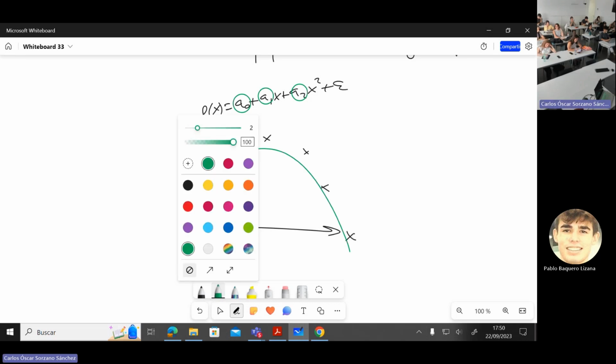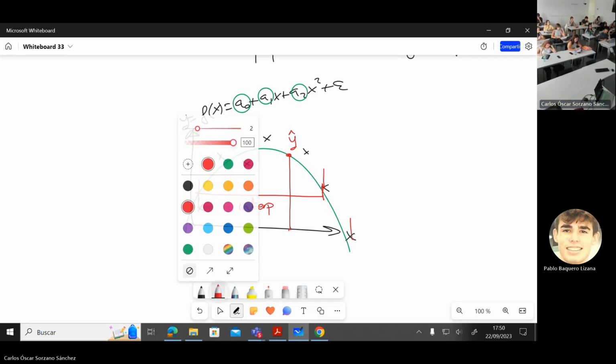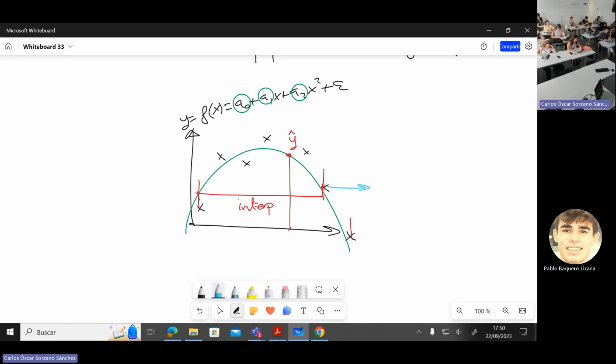Within the region where you have data, from here to there, I am interpolating. If I ask the model, what is the value here? I am interpolating and saying this is your predicted value, Y predicted. But outside this area, from here and there, I am extrapolating.